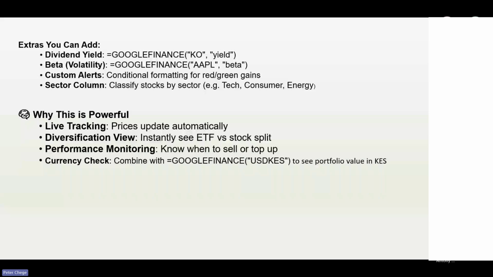Well then, why is this powerful? You have live tracking. You are tracking your portfolio in real time. Diversification view: you can instantly see the performance of your ETF against stocks, so that you know, did I make a mistake by buying an ETF, or was it an advantage to me compared to buying individual stocks?